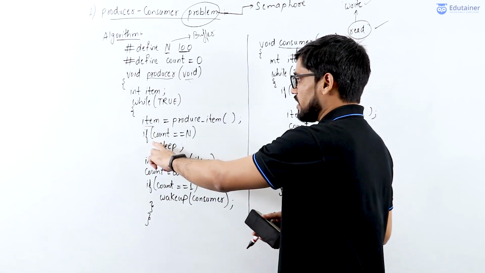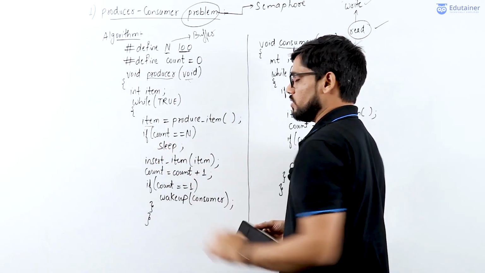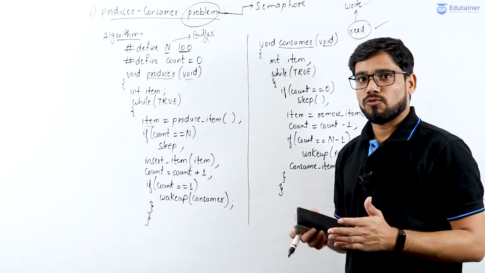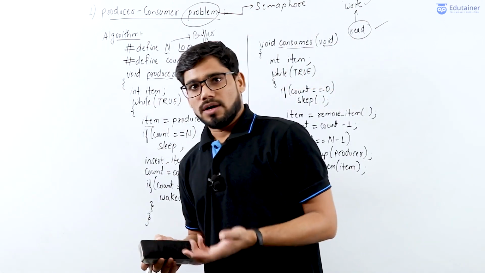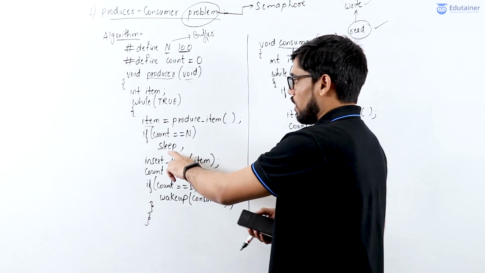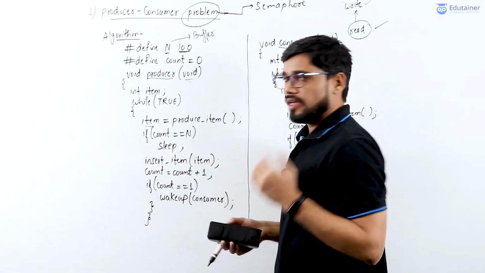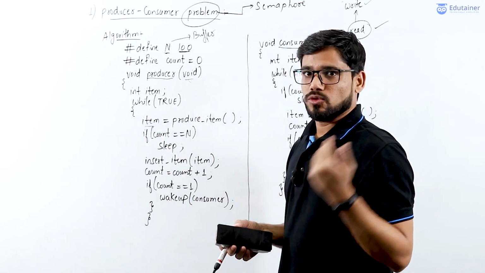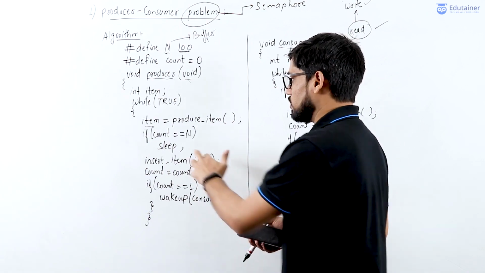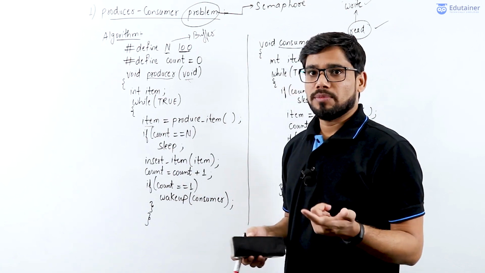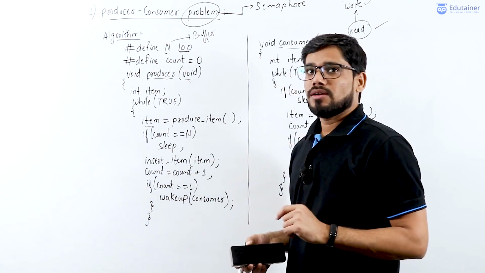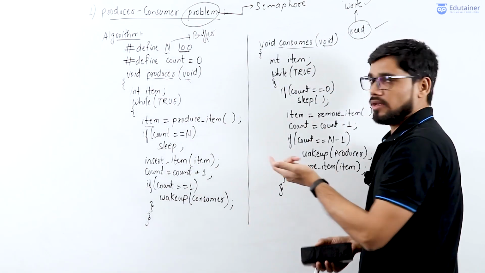So we check the condition: if count equals N, that means the buffer is now full and the producer no need to produce items further. At that point the producer, the process which writes the item, goes to sleep. And before it goes to sleep, it wakes up the consumer, which reads the item.